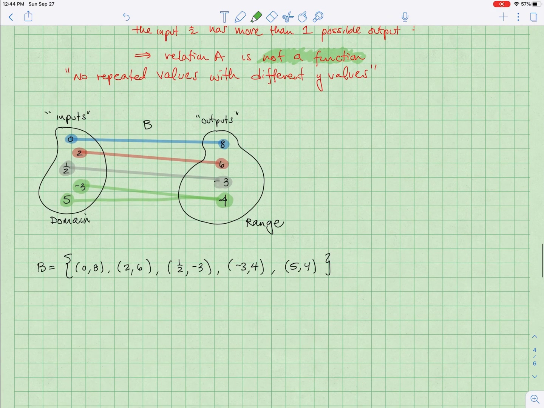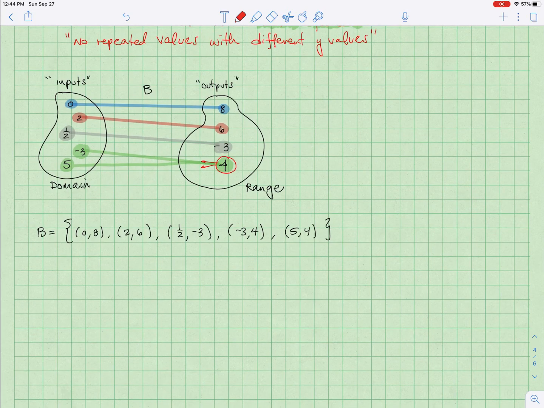Now, over here on relation B, we have something similar going on, but in this particular case, the only time that we're doubling up here is on 4. Now, is that going to be a problem for us? Well, actually, no. This is okay for functions. That is to say, there is no x value with multiple y values.